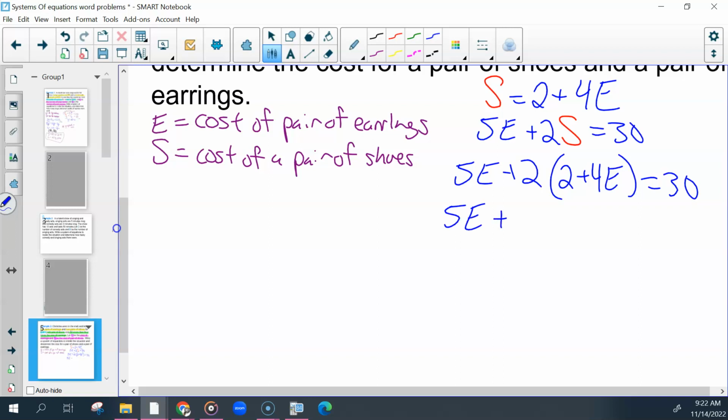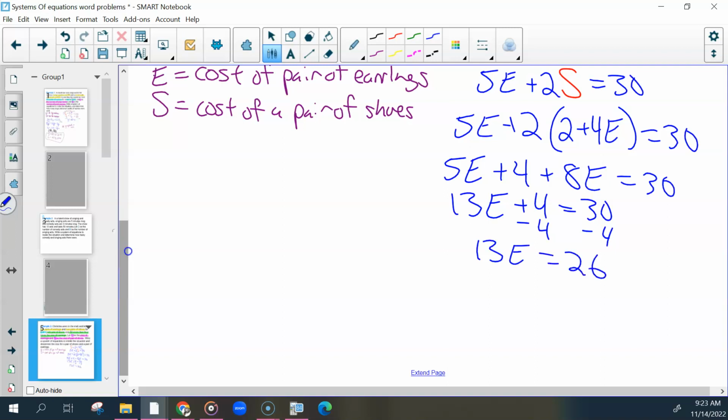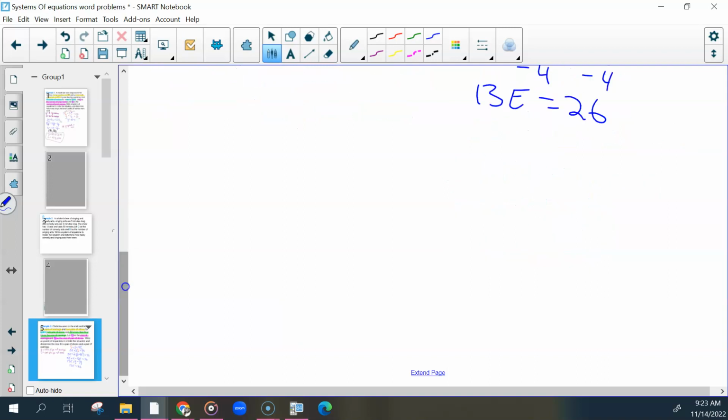So 5e plus 4 plus 8e equals 30. Combine your like terms, and get rid of 4. Divide both sides by 13.